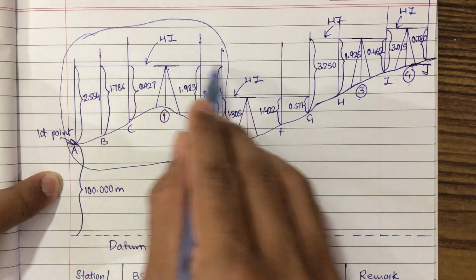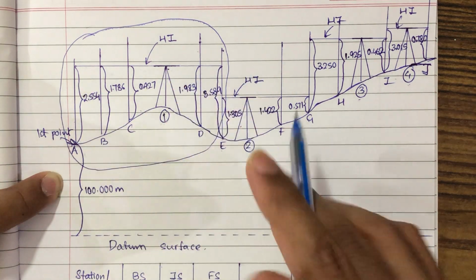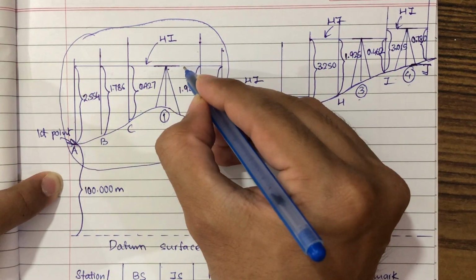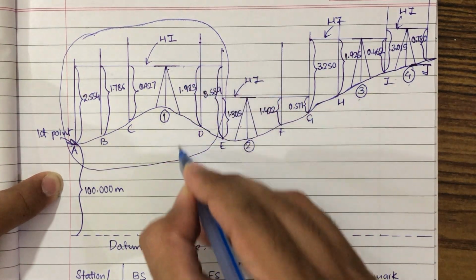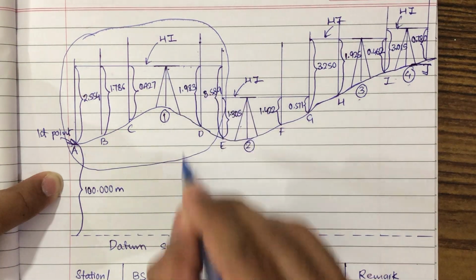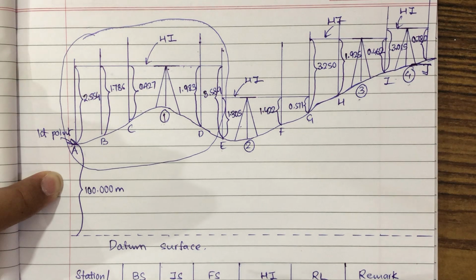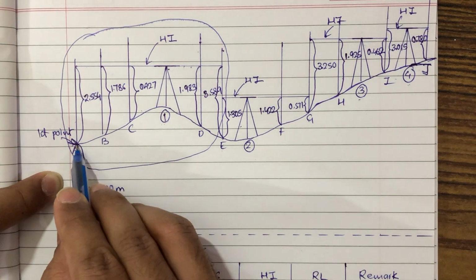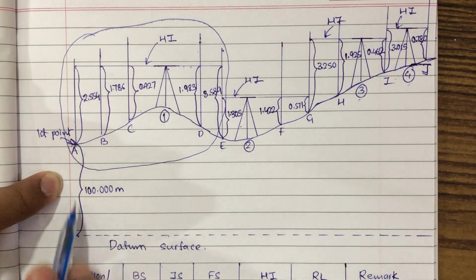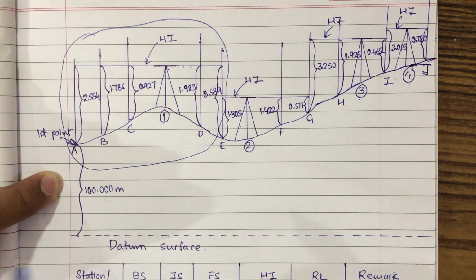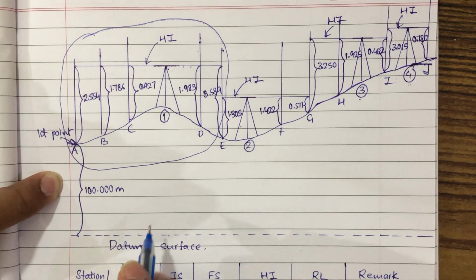This is the constant level line. So the height of instrument will be the total distance from the datum surface to this line. From here till here it is given as 100 meters, and this height is 2.554 meters.